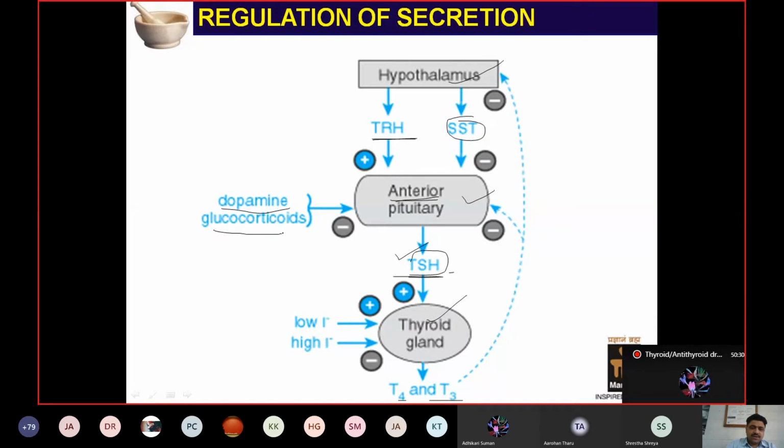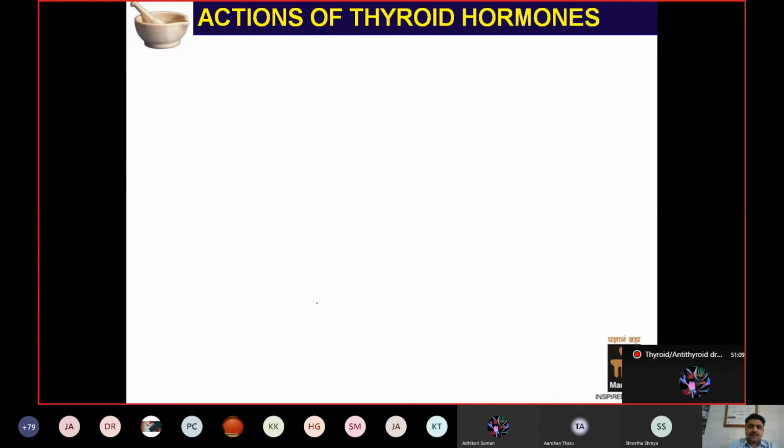Similarly, glucocorticoid also inhibits. Similarly, when there is low concentration of iodine in plasma, the thyroid hormone will be stimulated. It gives positive feedback, while high iodine gives negative feedback. That is also important clinically and pharmacologically, so we will discuss this later also.